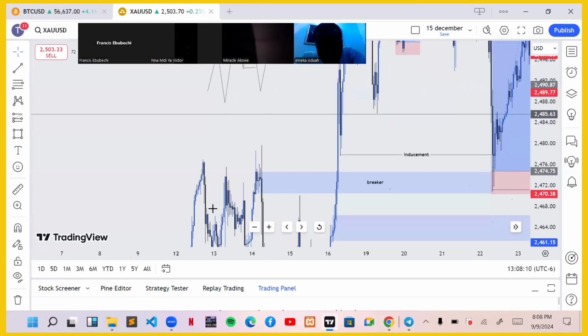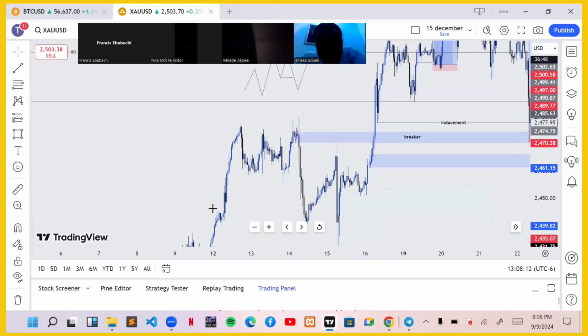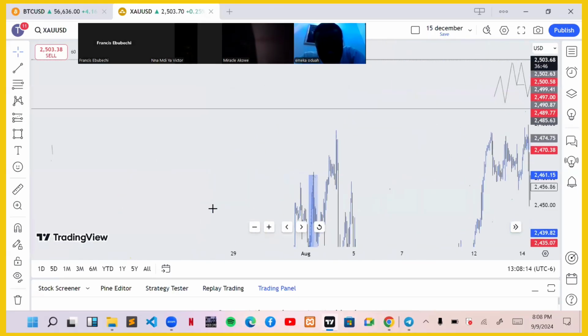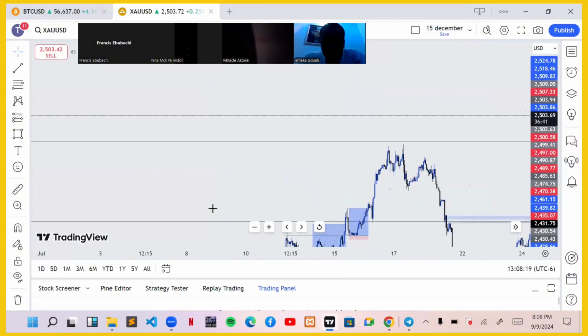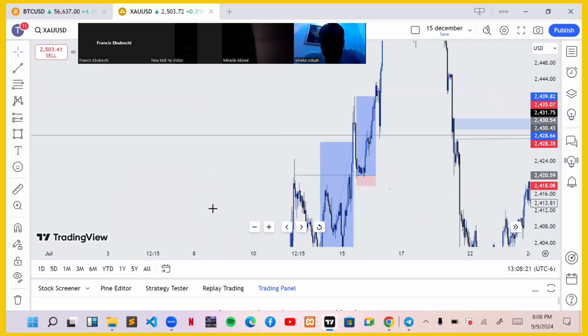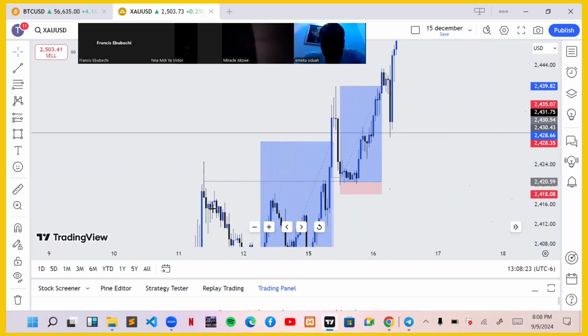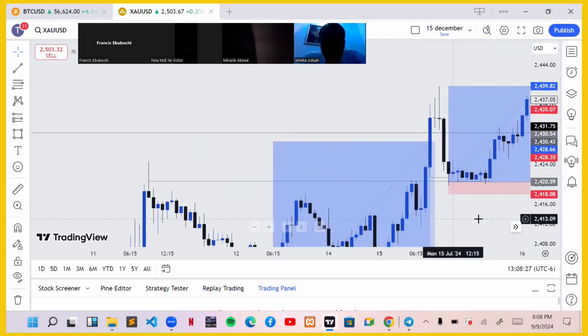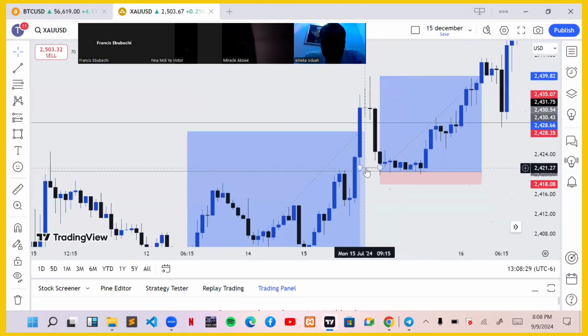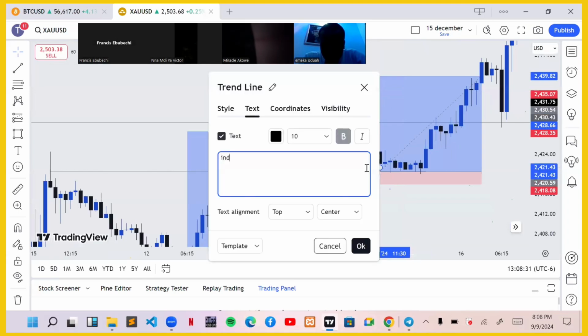That has this example of a breaker block here. Also here. Pay attention, this is a break of structure right here. After market broke structure, this is the first pullback that market did. You can see it's a tiny pullback here. This is your inducement.